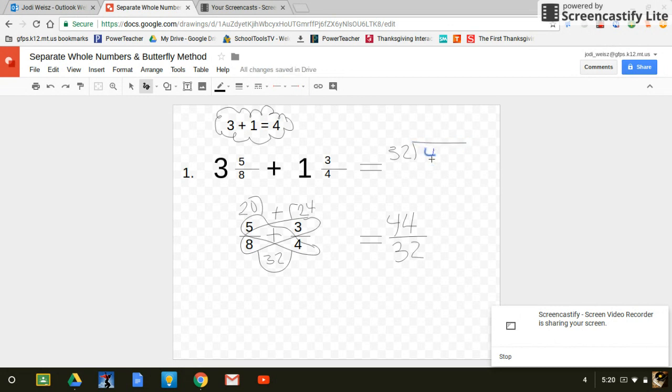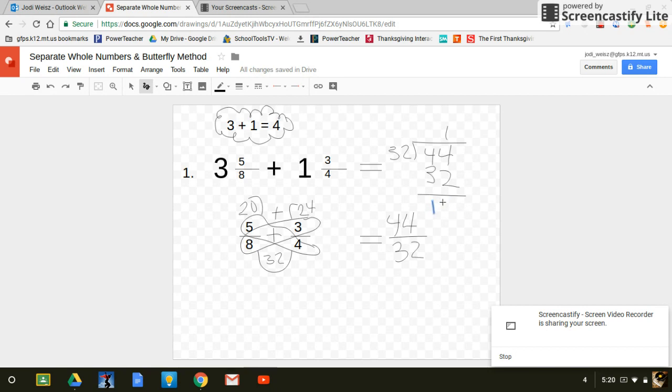Well, I know that 32 times 2 is going to be 64, and that's way too big. So I'm only going to go one time with my 32. Subtract that from my 44 right here. And I am going to have 12 left over.